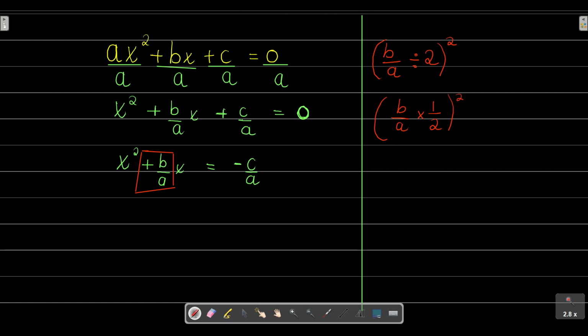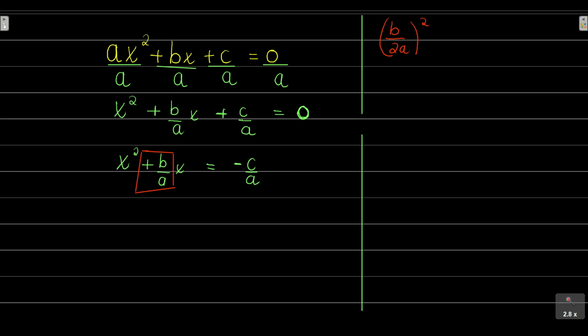b times 1 is b, and a times 2 is 2a, all squared. So this is the term that we're going to add to the left hand side and the right hand side. Let's do that now. Let's add this term to the right hand side and to the left hand side.